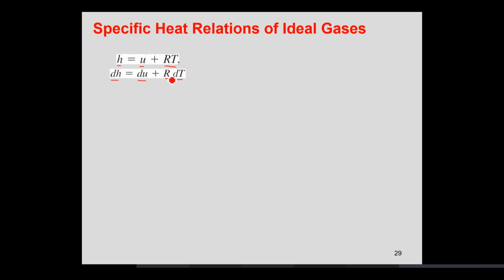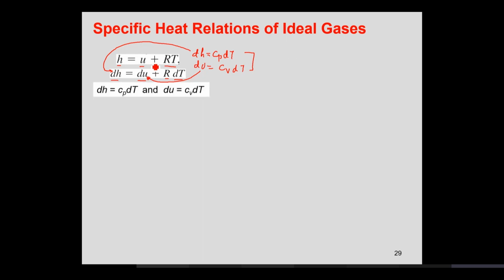Yes, sir. Now you know that dH is essentially equal to Cp dT and du is essentially equal to Cv dT. This is known to you, is it? So if I plug in over here, dH equals Cp dT and du equals Cv dT, I'll have the equation Cp dT is equal to Cv dT plus R dT.